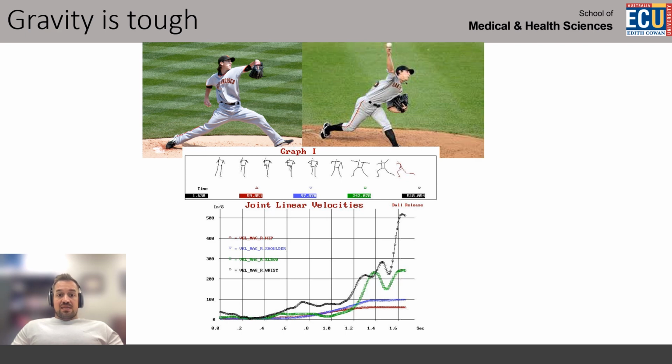And here's another example that should sharpen our understanding of what to train. When looking at kinematics of baseball pitching, so joint velocities, we see here the black line that wrist velocity of the throwing arm exceeds the velocity of any other joint and is also highly correlated with throwing velocity.